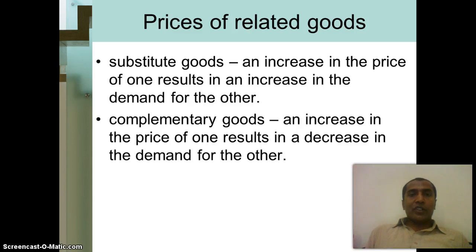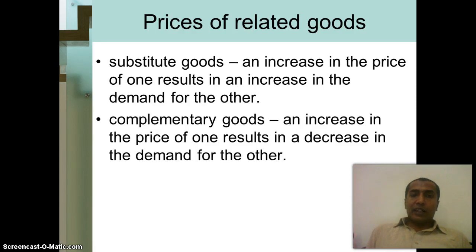Because due to the increase in price of Pepsi, fewer people will buy Pepsi and more people will be willing to buy Coke. Because they are substitutes, if the price of one increases, the demand for the other increases. If the price of a substitute decreases, demand decreases.